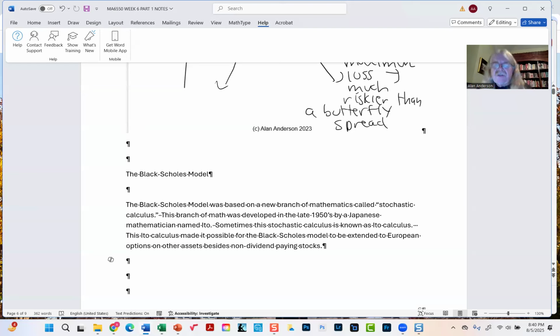Now, as it turns out, this framework was not extended to some American options.